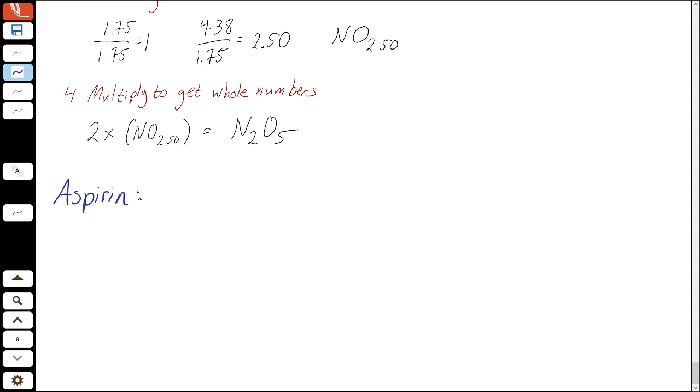All right, we're going to analyze some aspirin, and we found the following data: 60.00% carbon, 4.48% hydrogen, and 35.52% oxygen. And we want to find the empirical formula.